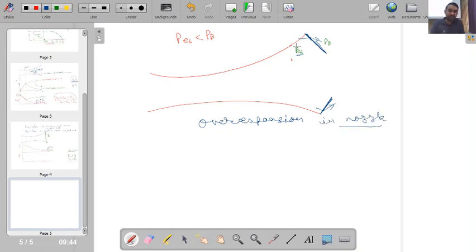We have over expanded the flow so that its pressure has gone below the desired back pressure which is needed to maintain the flow. Okay, then another situation can be if my PE6 is greater than PB.